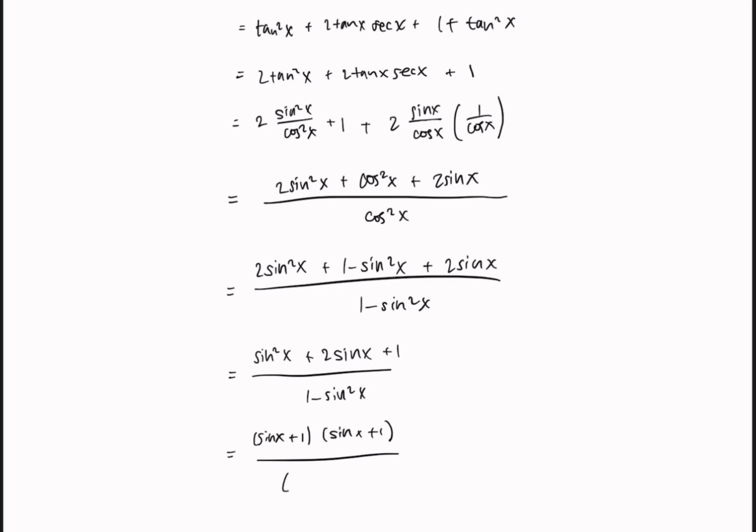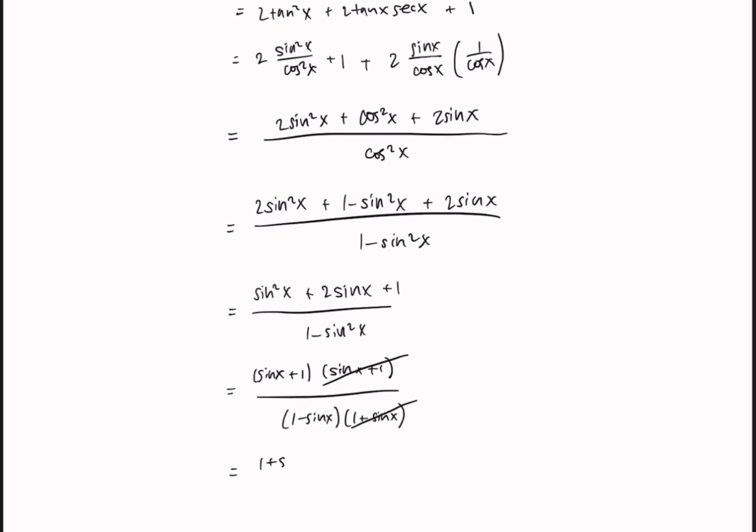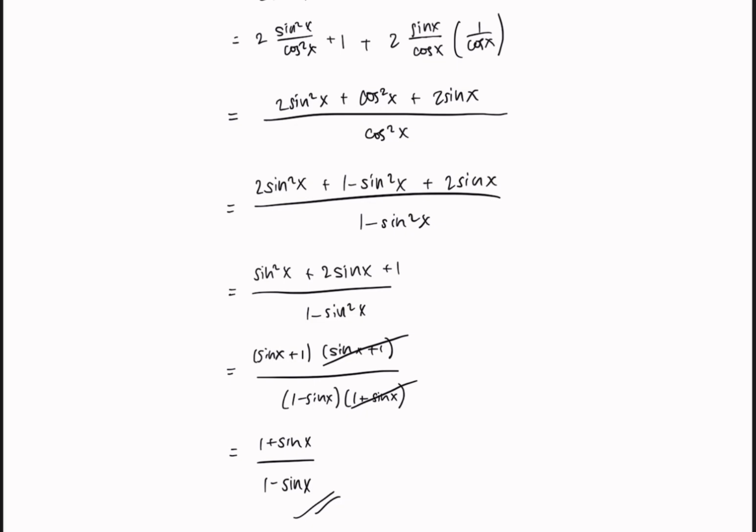The denominator will be 1 minus sine x multiplied by 1 plus sine x. And then we can cancel out this and this to give 1 plus sine x over 1 minus sine x. So this is proven.